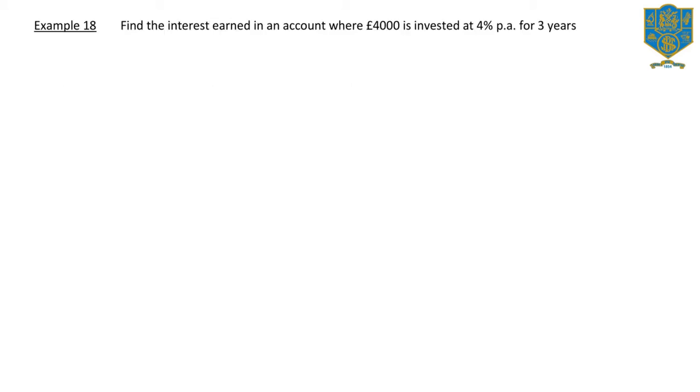Example 18, find the interest earned in an account where £4,000 is invested at 4% per annum. So we can use our formula where the principal, which is the original amount, is 4,000, multiplied by 1 plus the rate, so that's 4 over 100, to the power of time, which is 3.